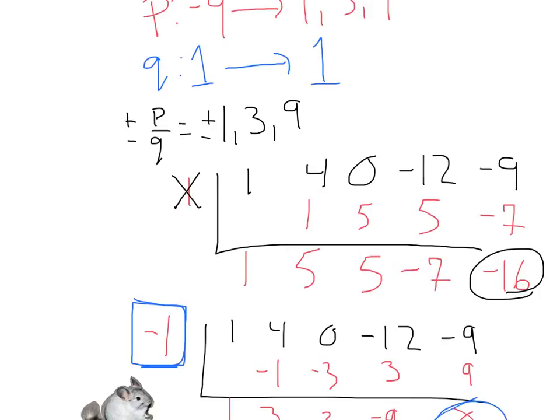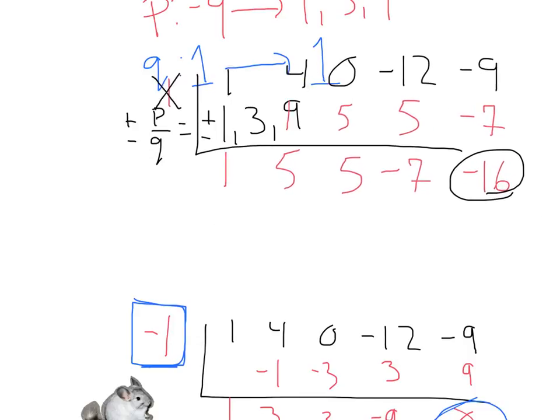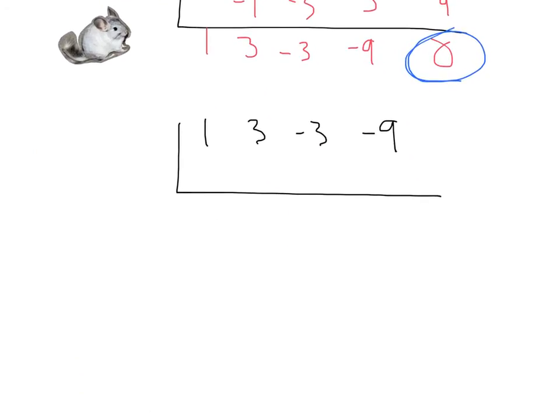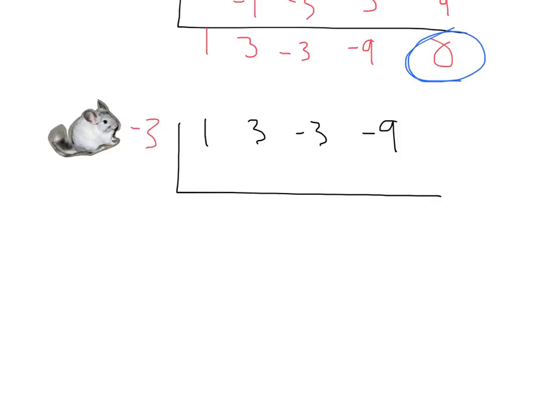I'm going to choose, because I have the all-knowing power of what the answer already is, to test -3. So let's go back down here. And I'm going to test the value of -3. So there I do 1, -3, 0, 0, -3, +9, 0. Again, I was correct.